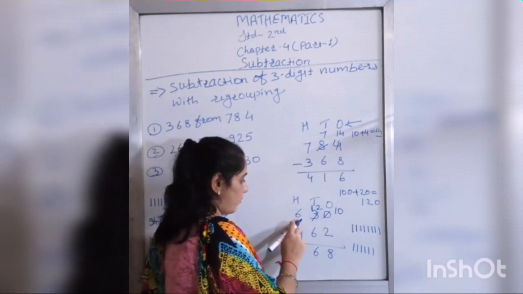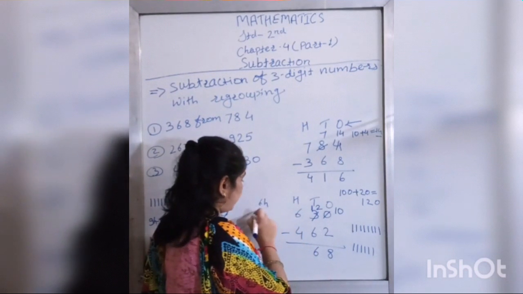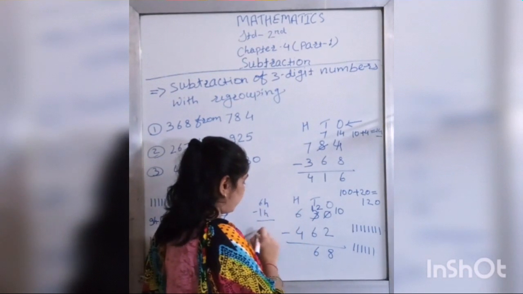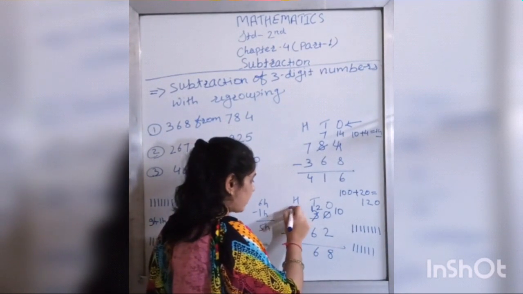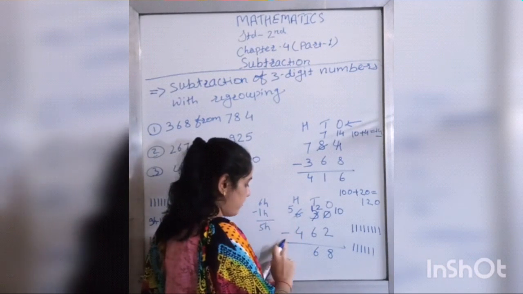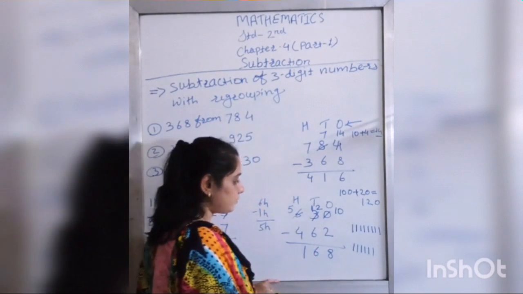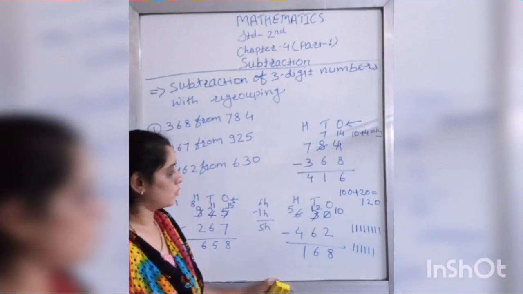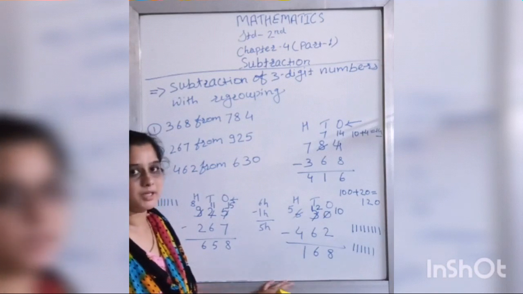As we borrowed 100 from the hundreds place, so 600 minus 100 is equal to 500. So this 6 will become 5. So 5 minus 4 is equal to 1. Understood how to subtract with regrouping of the numbers.